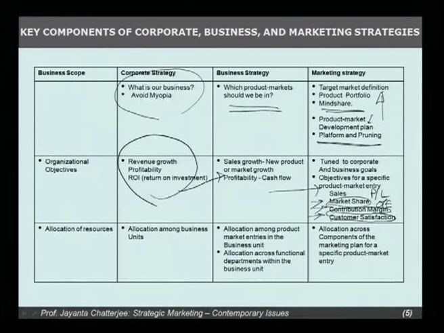And customer satisfaction, with an acute focus on developing customer delight, may be the later phase, what we call the customer intimacy phase. And allocation of resources needs to change across the different aspects of the marketing plan for each product market segment according to these analyses.